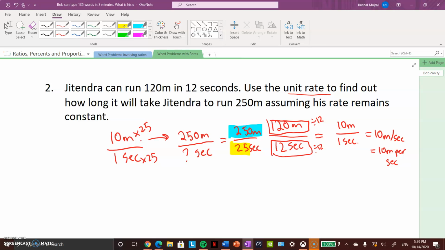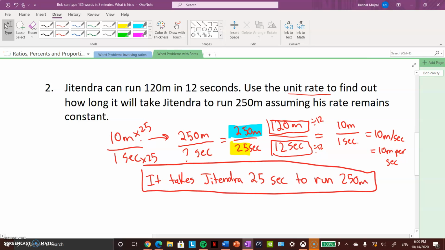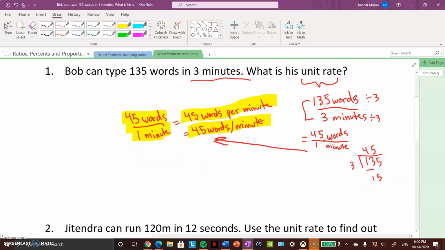So, our answer here would be, it takes Jitendra 25 seconds to run 250 meters. And you box your answer. Okay. Also, up here, it would be a good idea to write a word answer too.